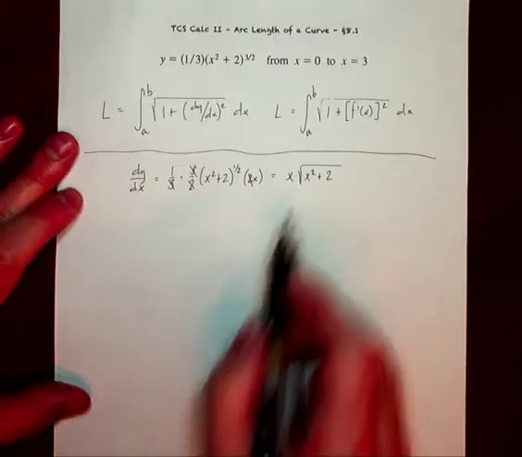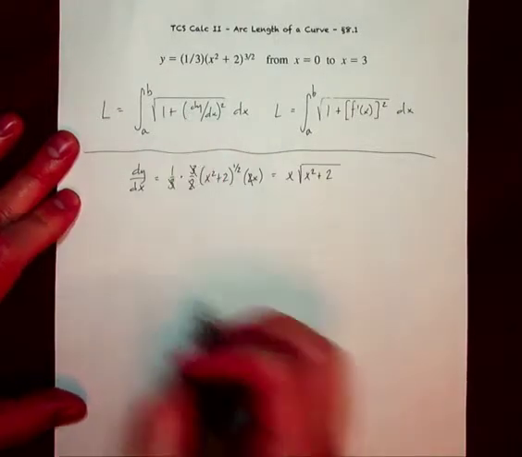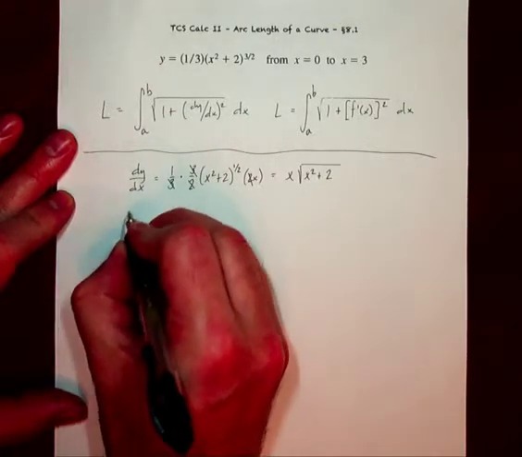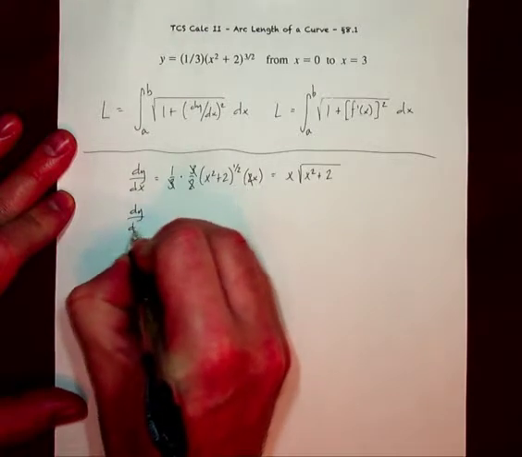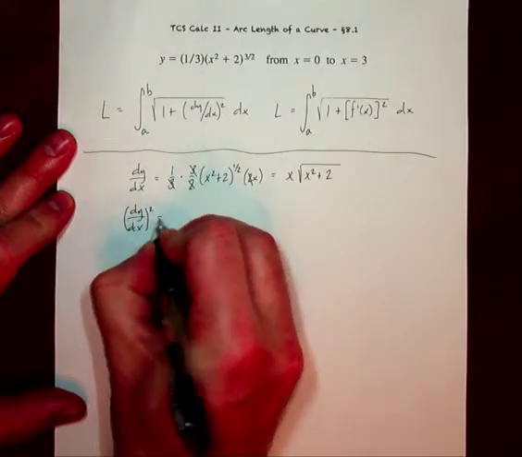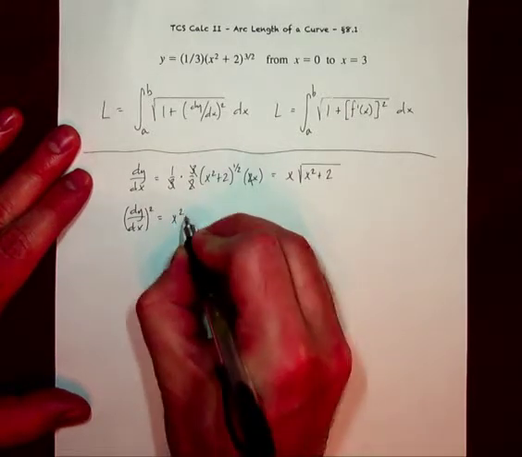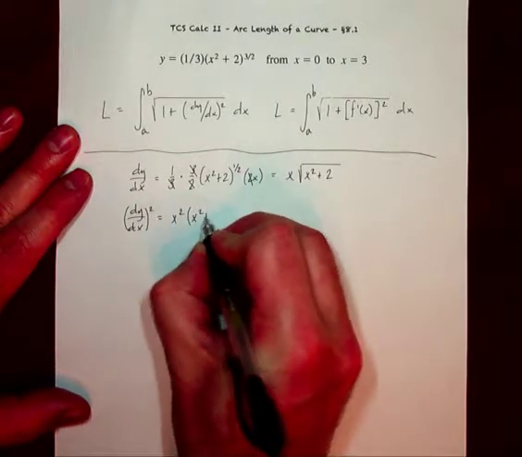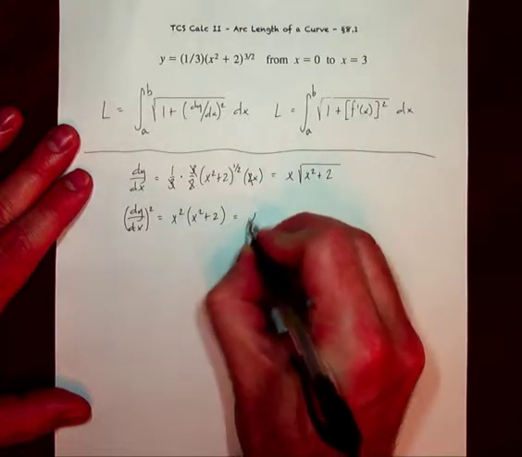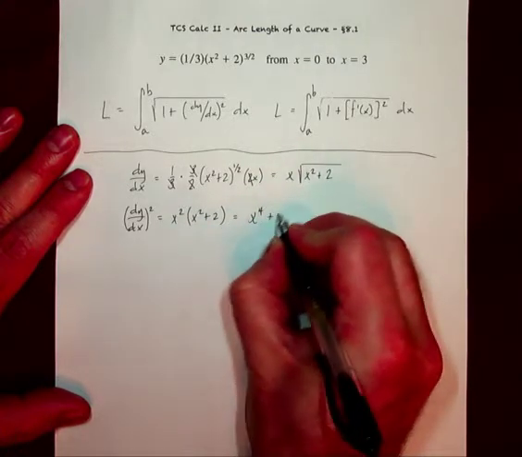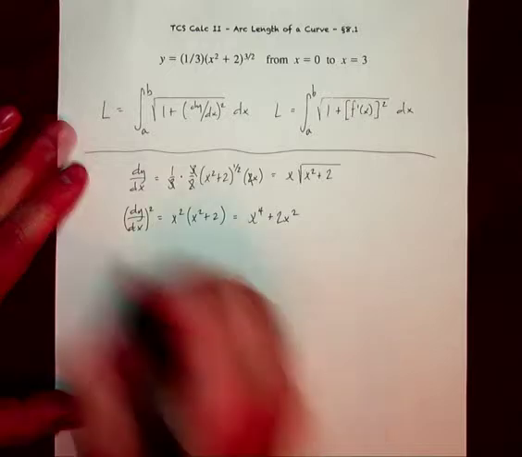Now, I'm not going to be plugging that into the integrand. I'm going to be plugging in 1 plus dy/dx squared. So if you want to go ahead and simplify dy/dx squared before you get going, by all means, do so. And this winds up being x to the 4th plus 2x squared.